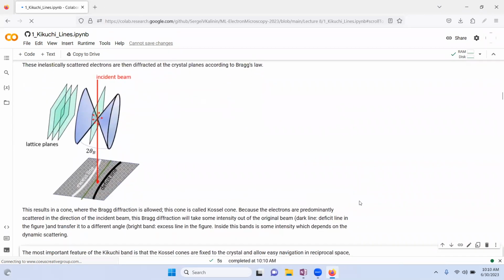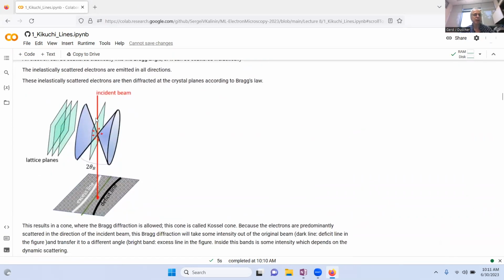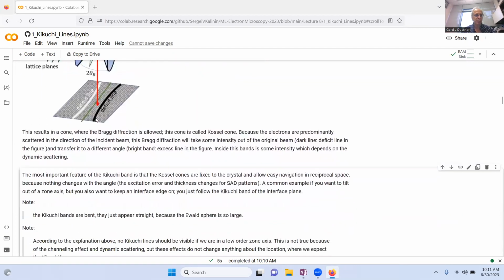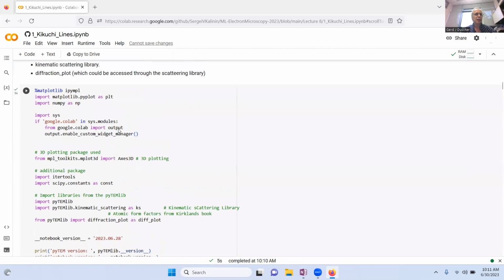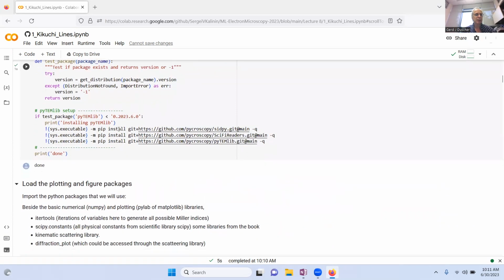Obviously, there is a Bragg reflection going on in here, so we should be able to just do that with Bragg reflection.